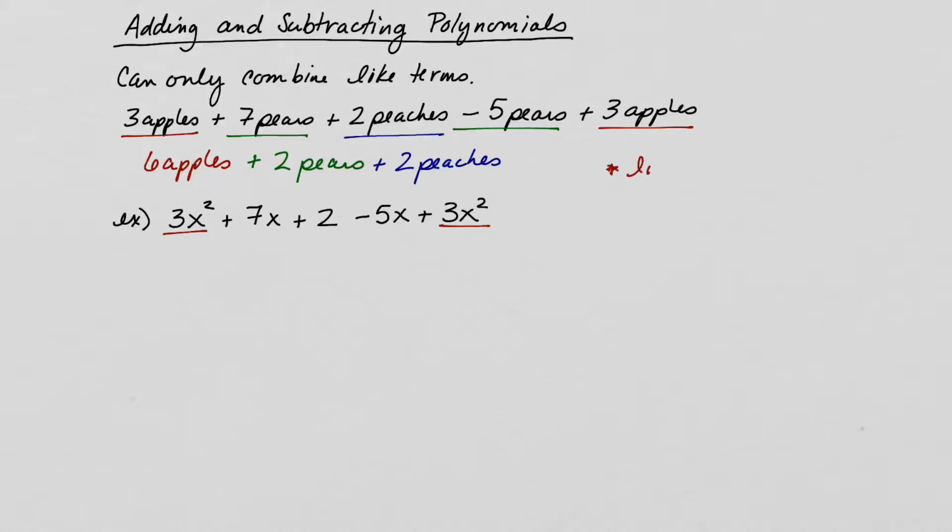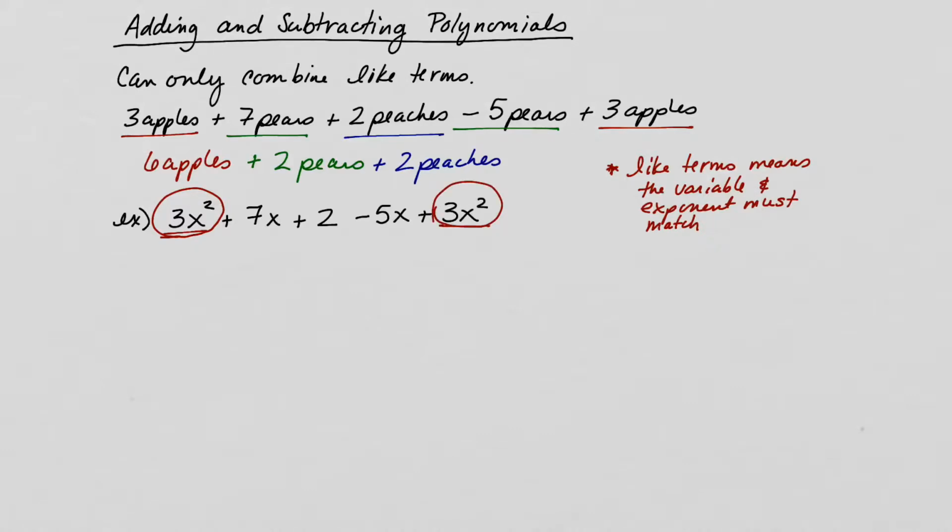I can only combine the things that are like terms, which means the variable and the exponent must match. That's the important thing to remember. So here I have the 3x squared and the 3x squared, which gives me 6x squared.